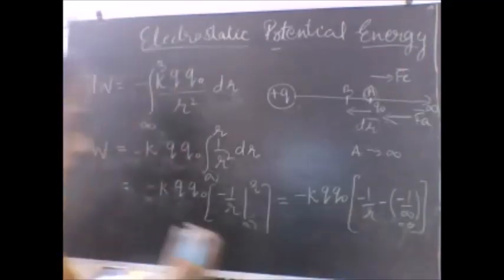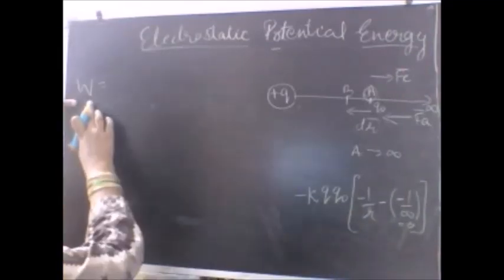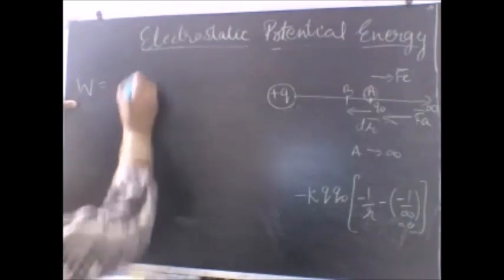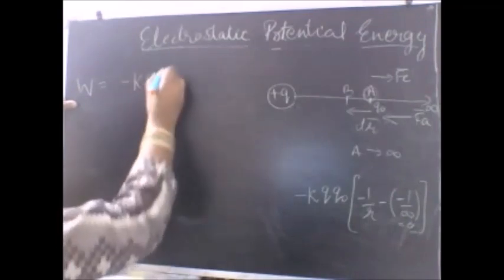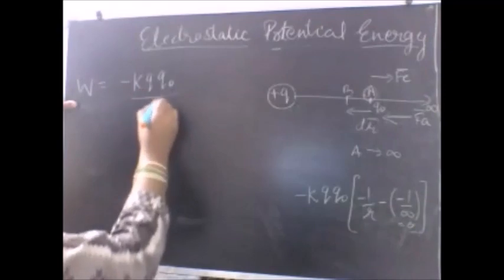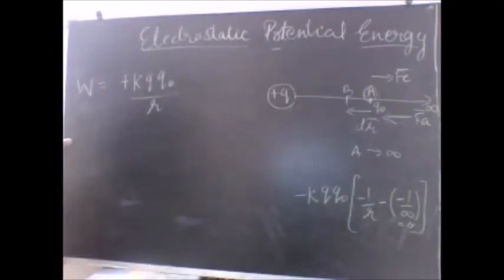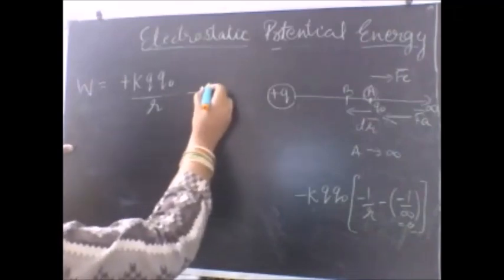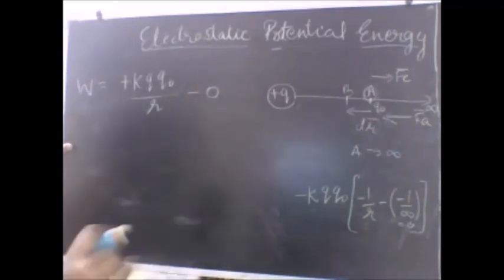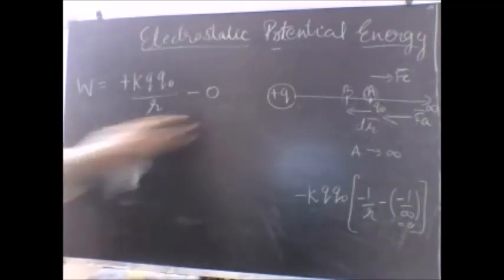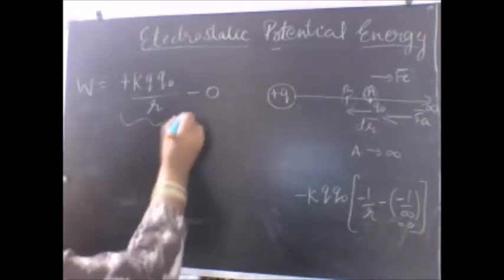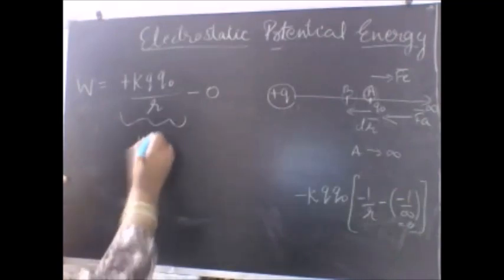So what my final expression comes out to be, work done is equal to minus K Q naught by r, minus and minus will make it plus, so a plus sign, and the second term is 0 here. So look at this expression once again. Can we say that this is the potential energy at which point?